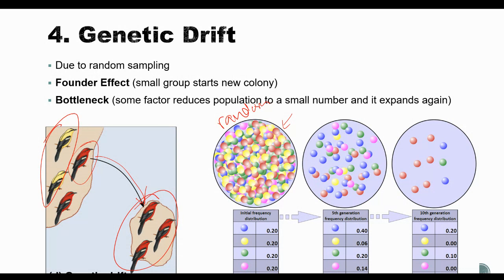So if that bottleneck happens, you see we went from 20% of each color down to, we still have 20% green, we still have 20% red, but we only have 0.14 pink, 0.06 yellow, and 0.4 blue. So by this random thing, we have changed our frequencies.